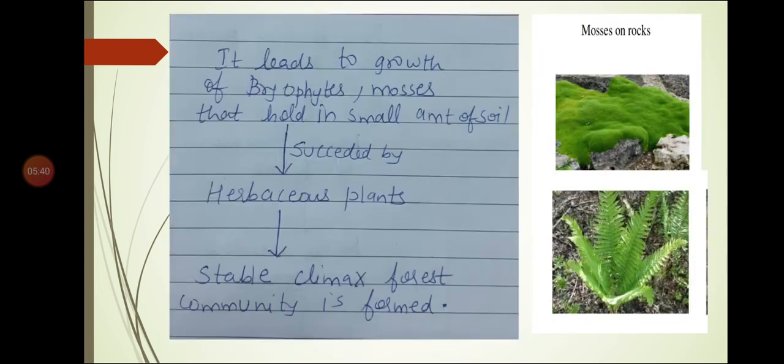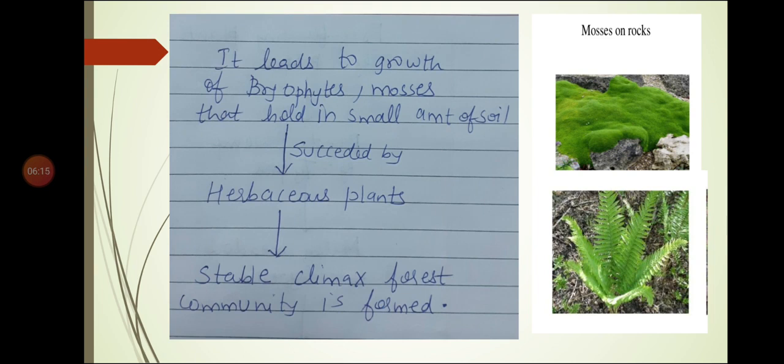Next, when soil is there, it leads to the growth of bryophytes, mosses, that hold a small amount of soil. That growth is then succeeded by herbaceous plants, and finally it leads to a climax forest community.